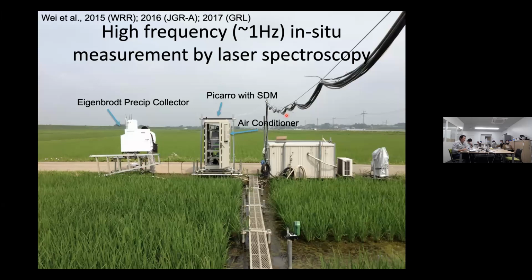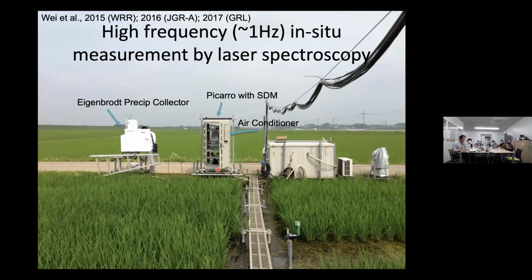Especially these Picarro instruments, I used it over paddy fields, and it can measure the isotope ratio of vapor once per second, 1 hertz, which is very different from what I started with.